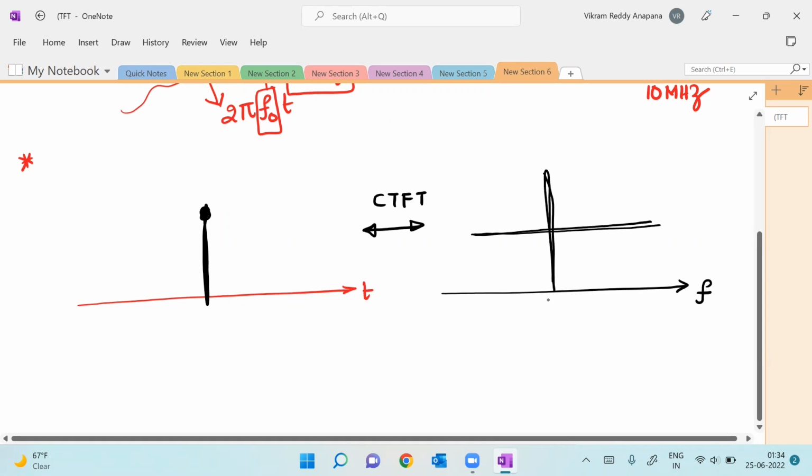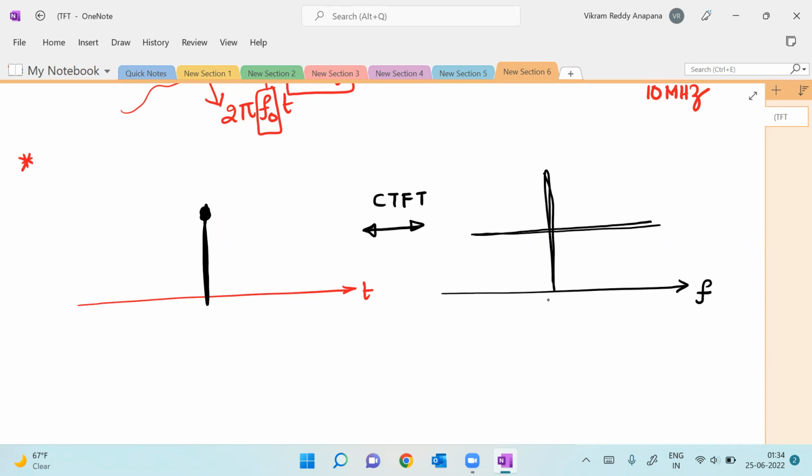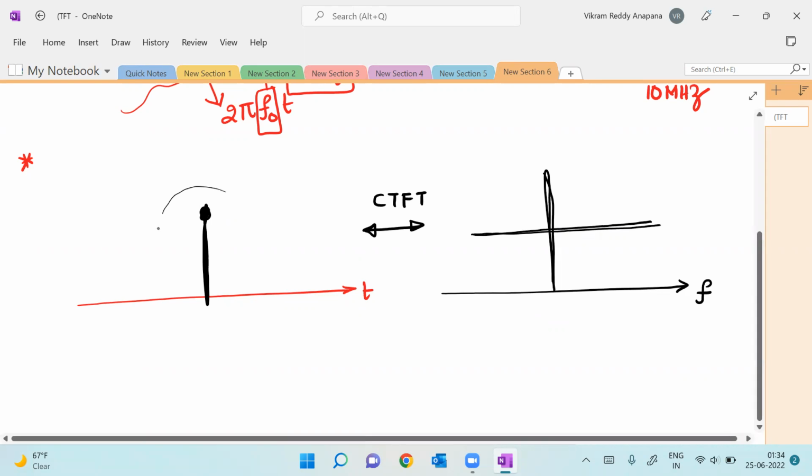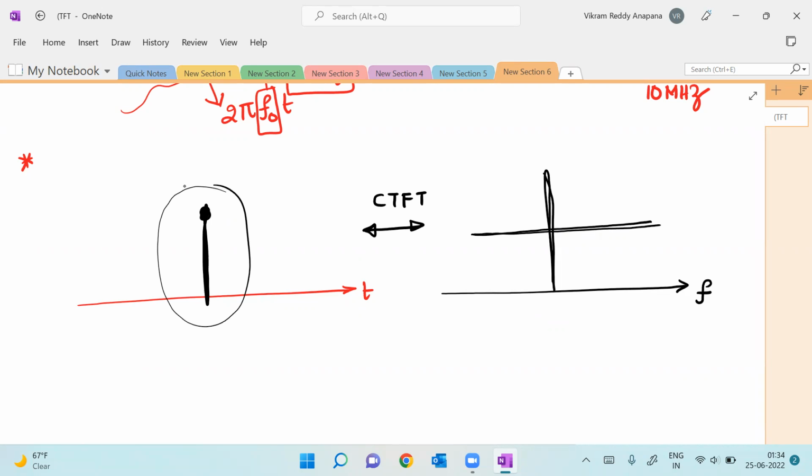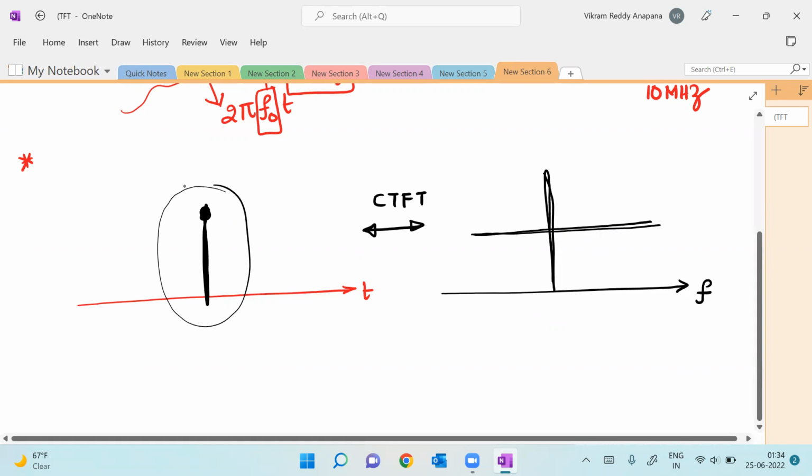Now, what is an instance of this? How can we characterize this impulse function physically? For example, say in a room someone is clapping.